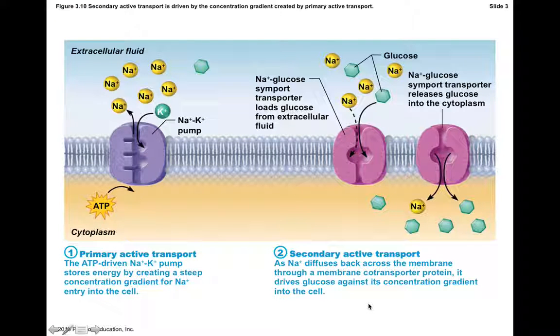So looking at the example here, remember primary active transport could be like the sodium-potassium pump, where you use the chemical energy of ATP to pump sodium out and 2 potassiums back in. Now let's say for secondary active transport, what if we wanted to get some glucose into the cell, but glucose is already in high concentration here. So we can't just allow glucose to move through a facilitated diffusion channel because you're trying to bring it from low to high concentration, which isn't going to work because that goes against diffusion.